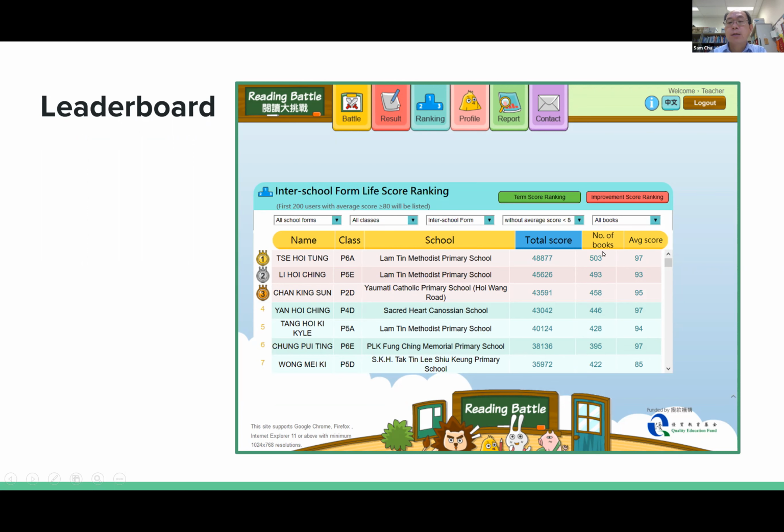You can see that the top scorer finished over 500 books, followed by 400 books, and then 300 books, and so on, with an average of 90 out of 100, from different schools and different forms: primary 6, primary 5, primary 2, and so on.